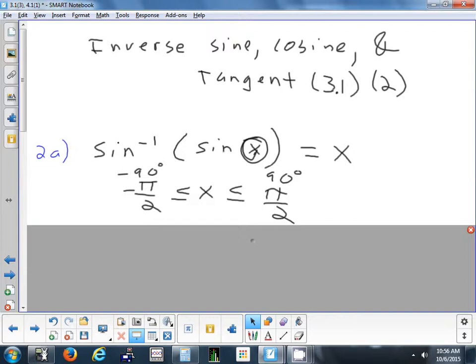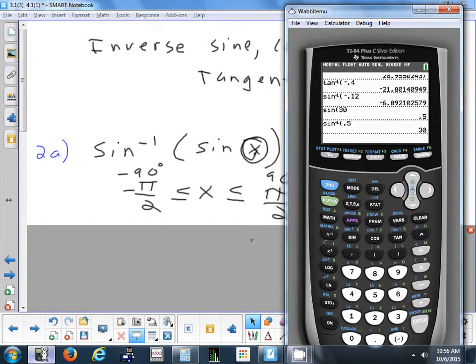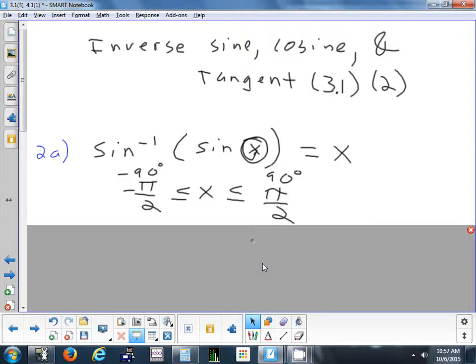Let me show you an example. I'm going to type in inverse sine of 12. I'll just pick a number between negative 90 and 90. When I hit enter, what should I get? Well, what does this tell me I'm going to get?